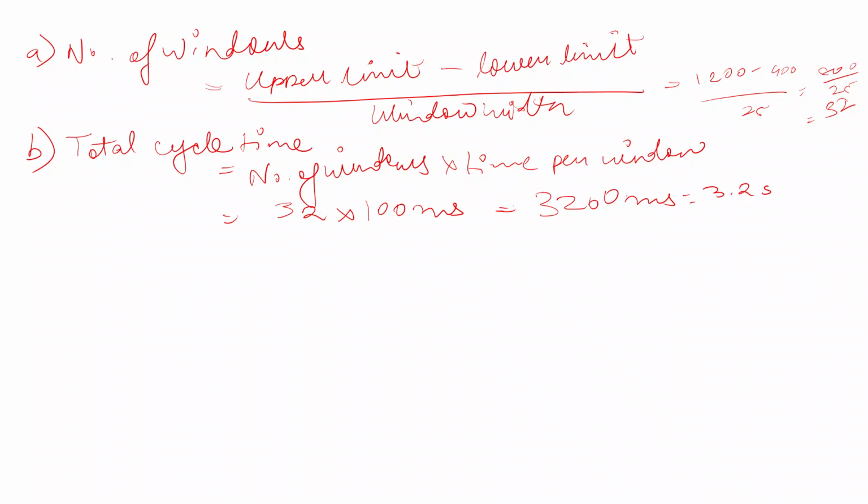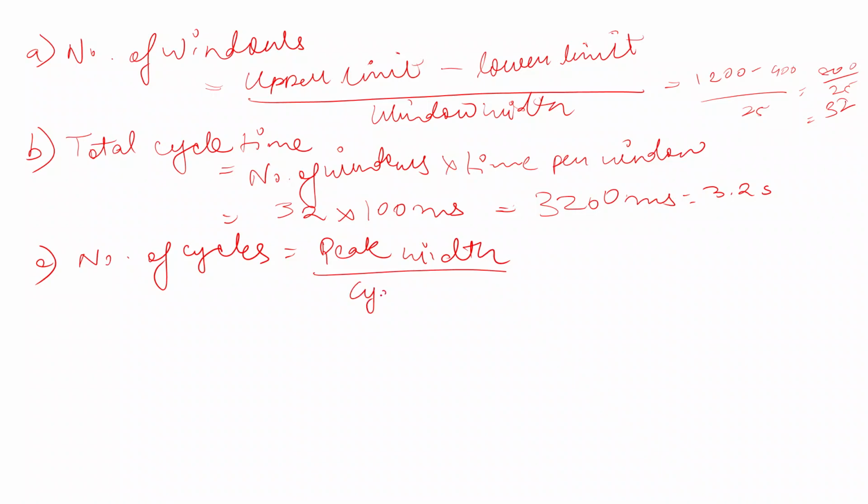Number of complete SWATH cycles during a 15-second chromatographic peak. The number of cycles is peak width divided by cycle time.